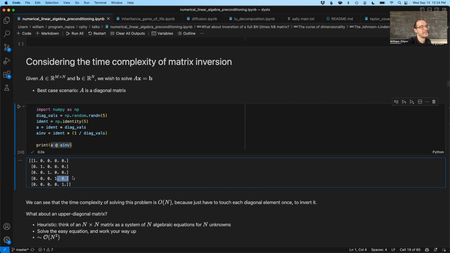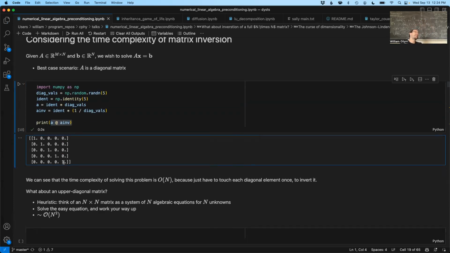And so in fact, in order to solve an upper triangular matrix inverse, I only have to touch each of these upper elements. And so the question is, how many are there? It's basically 1/2 n squared is the total number of elements I have to touch. So that means that if I have an upper triangular matrix, I can't get away with order n operations, but I can get pretty close and do order n squared.